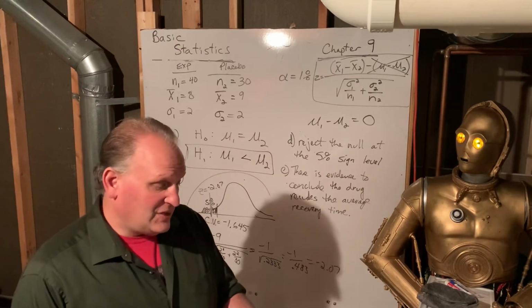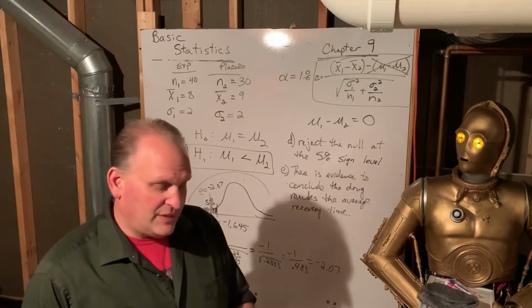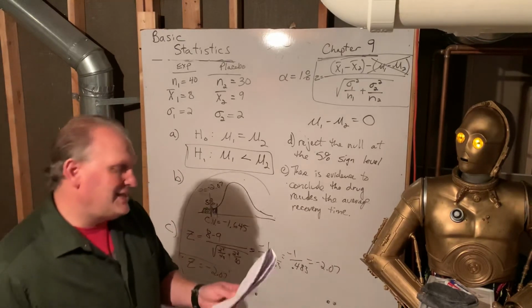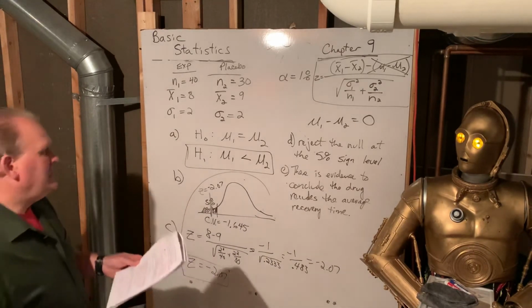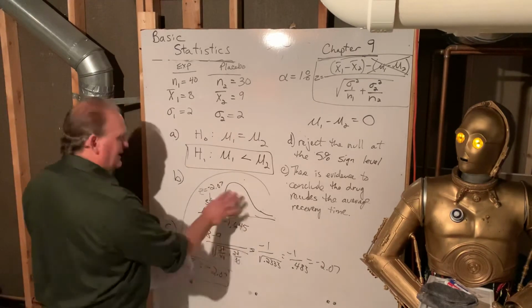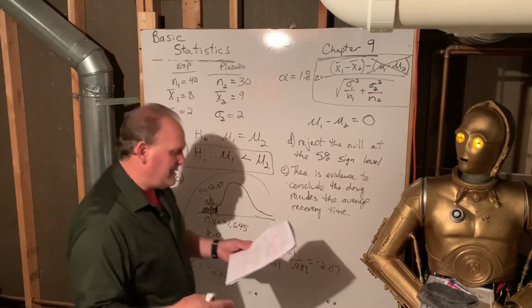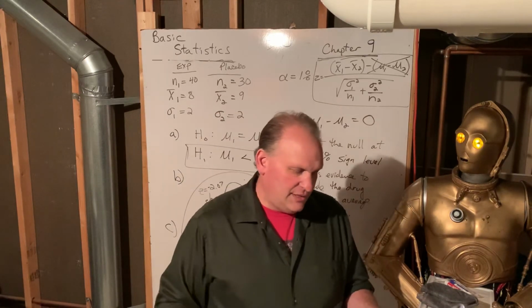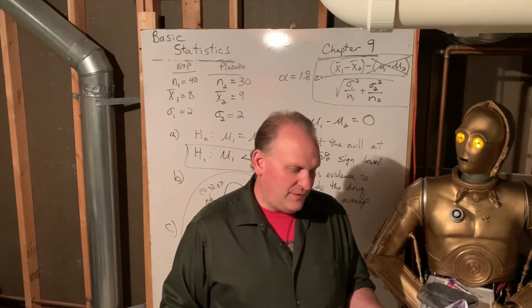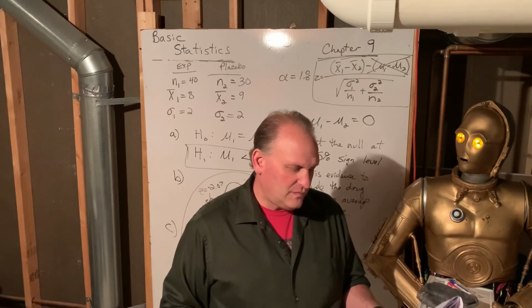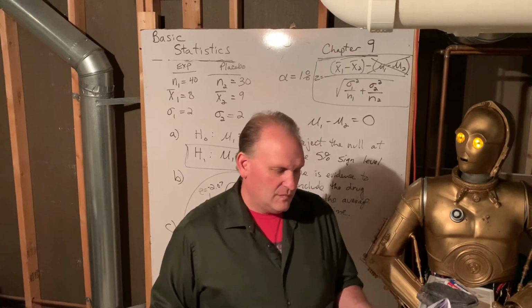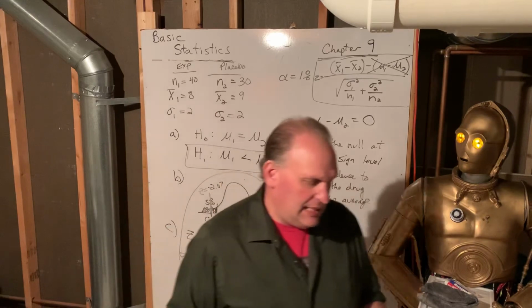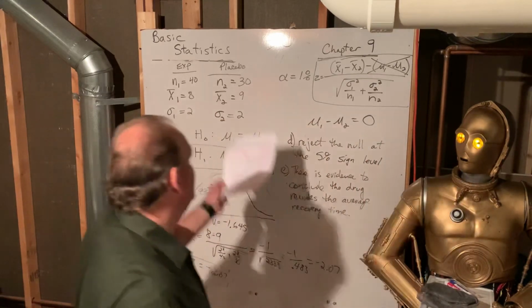Okay. So let's take a look at building a 90% confidence interval. Now this isn't really going to be connected to the experiment above. I did say you could reject the null if it were one-tailed, but it doesn't connect to this experiment.